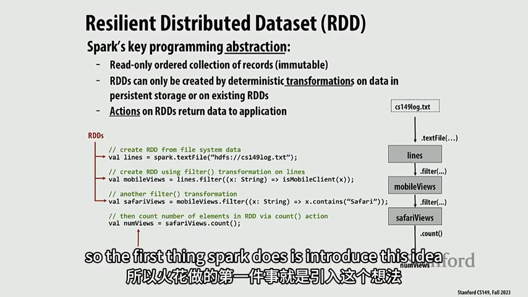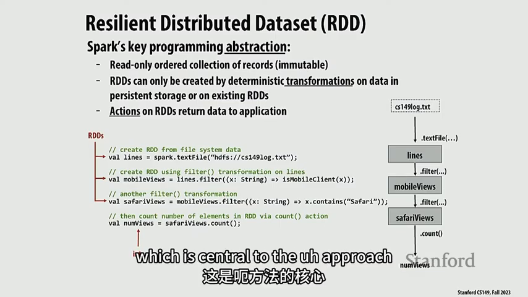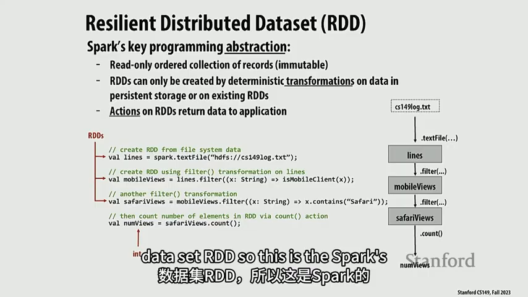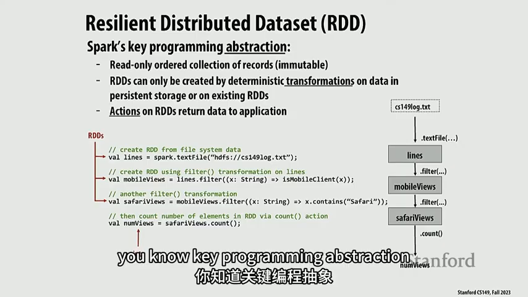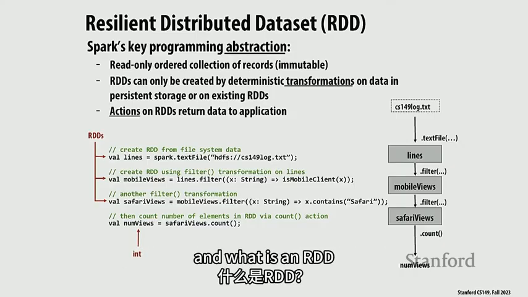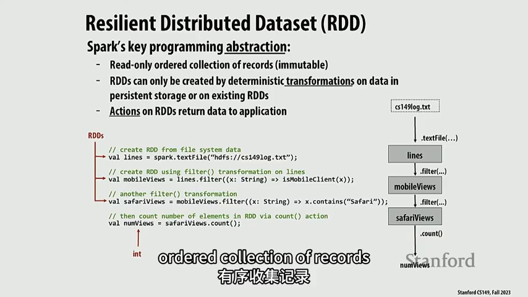So the first thing Spark does is introduce this idea, which is central to the approach, which is the idea of a resilient distributed data set, RDD. So this is Spark's key programming abstraction. And what is an RDD? It's a read-only ordered collection of records. So it's immutable.